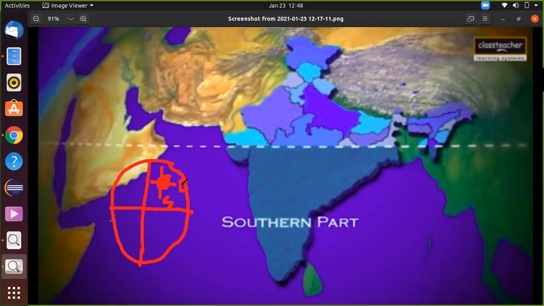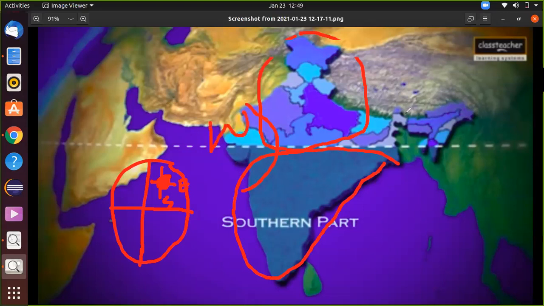So if this is south, this becomes the southern part of India, this becomes the northern part of India, this becomes the western part of India, and this becomes the eastern part of India. Clear. I hope these things are getting clear to you.